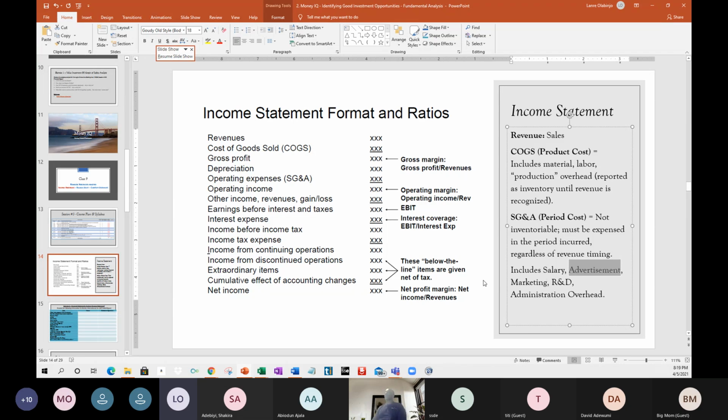Those kinds of costs are referred to as period costs, not product costs. It's a cost that spans over a long period, more than a specific product. The advertising that you put outside covers a year, 2 years, whatever it might be, whereas your product is probably made and sold within a month.